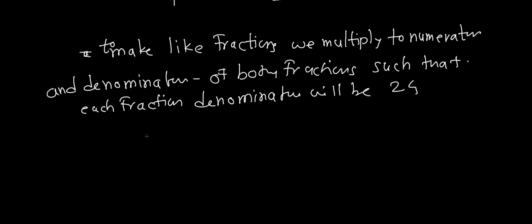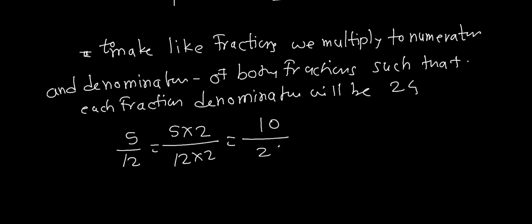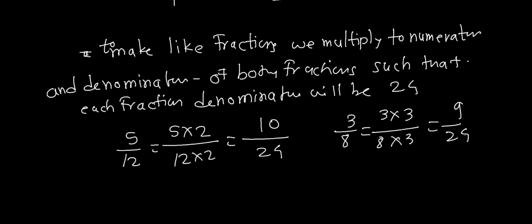So what fractions do we have? 5 by 12 is equal to, since 12 2s are 24, 5 into 2 by 12 into 2, that is 10 by 24. And for 3 by 8, to have a denominator of 24 we multiply by 3, since 8 3s are 24. 3 into 3 by 8 into 3 gives 9 by 24.